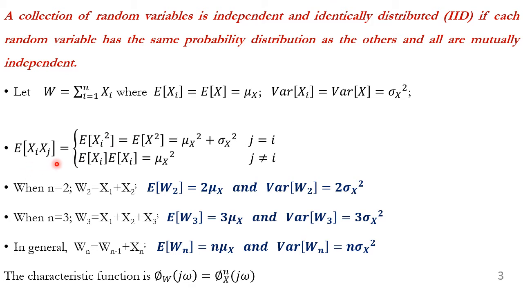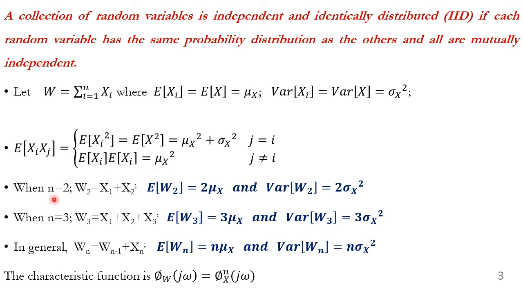Expectation of Xi Xj is equal to expectation of Xi square, that is equal to expectation of X square, the sum of mu x square plus sigma x square, for j equal to i. If j is not equal to i, then we can write this as expectation of Xi multiplied by expectation of Xj, which is equal to mu x square.